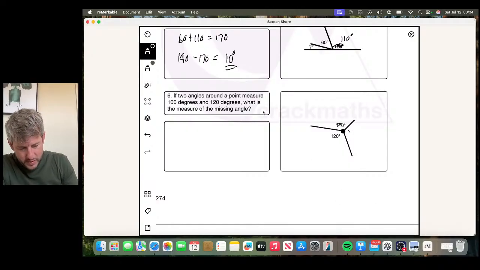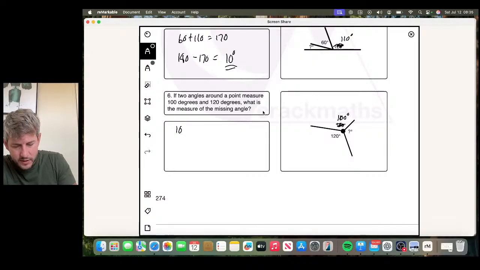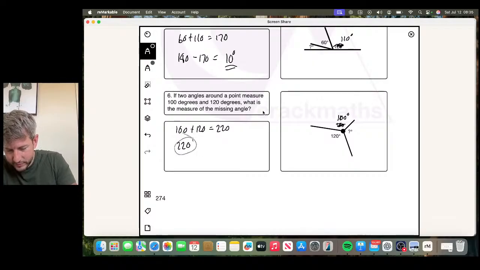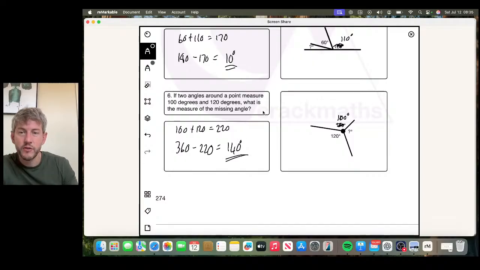So the missing angle would be, well, we're going to do 100 add 120 equals 220. 220, well, 360 take away 220 will equal 140 degrees. Okay, so the missing angle is 140 degrees.